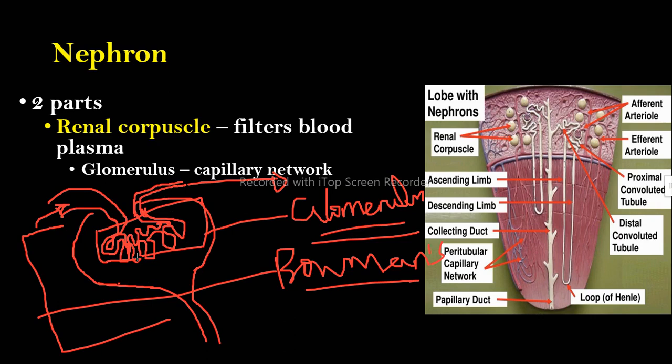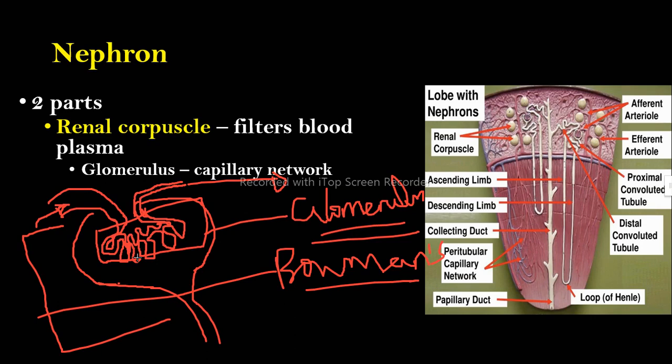You're going to see the process of urine formation is divided into two. First is filtration, ultrafiltration, where you actually form the glomerular filtrate. And then after you form the glomerular filtrate, you selectively absorb, renal absorption, the materials that are still needed by the body.